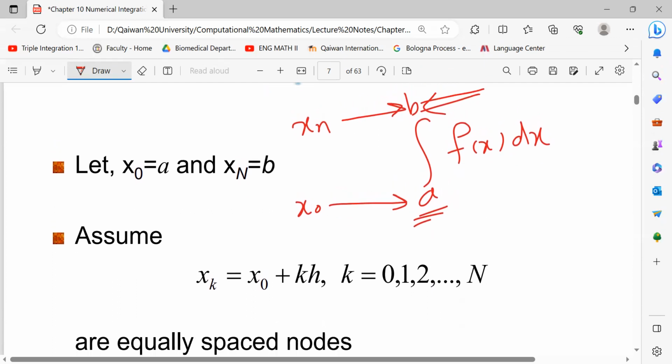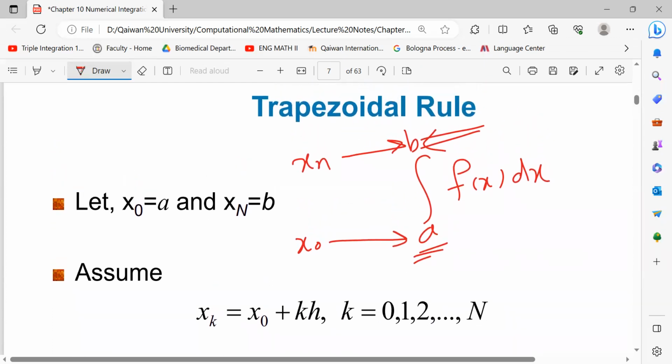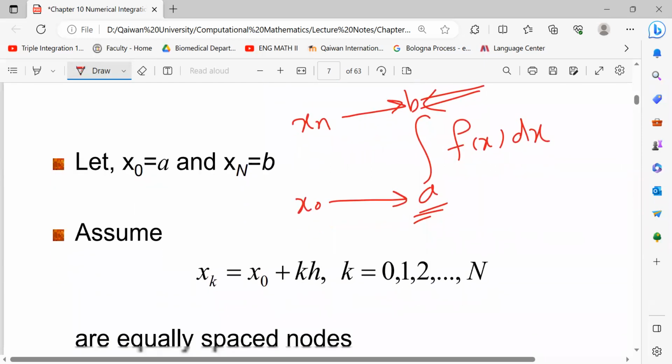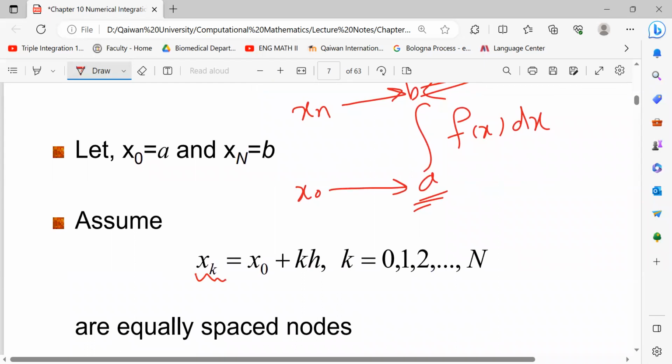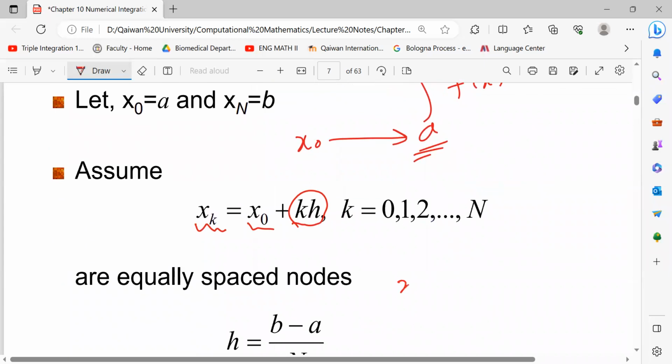Then what we need to find is h, which is the step size. We let xk be x naught plus kh. As you see, this is x naught. x naught plus h is x1, plus h is x2, plus h is x3, x4, and so on. Look, from x0 to x1 we have h, from x1 to x2 is h. This is our step size.